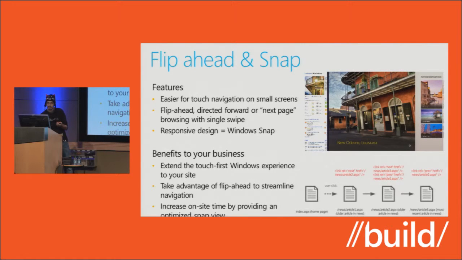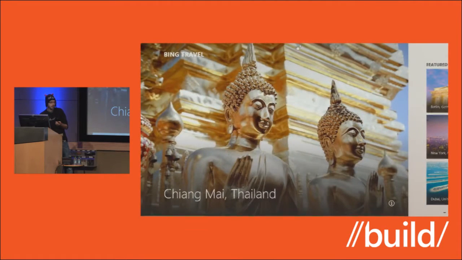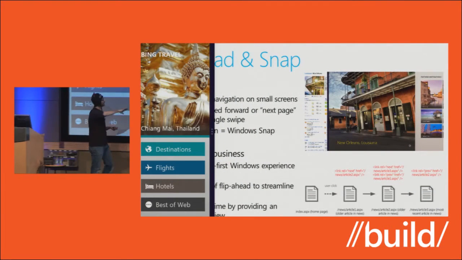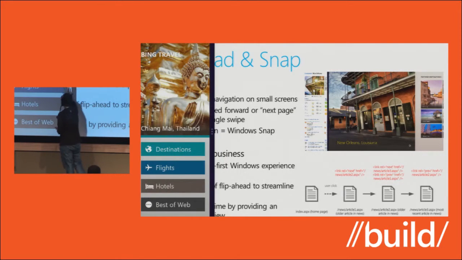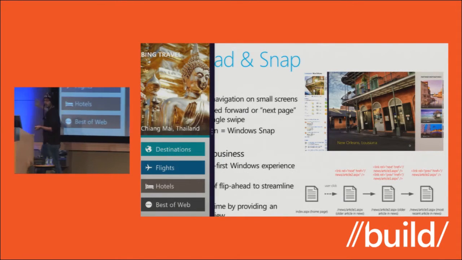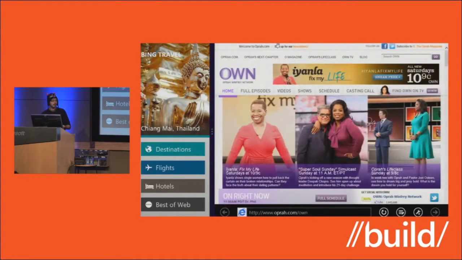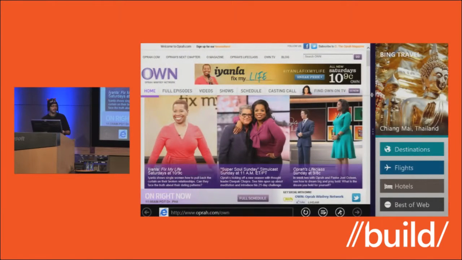Let's see which one he has. He has a travel app on there. One of the things that you can do is, as you're doing productivity scenarios, I can show you the PowerPoint slide that I have, but I can also snap an app next to it. But naturally, just because Internet Explorer is an app on Windows, you can have Internet Explorer be the snapped app.